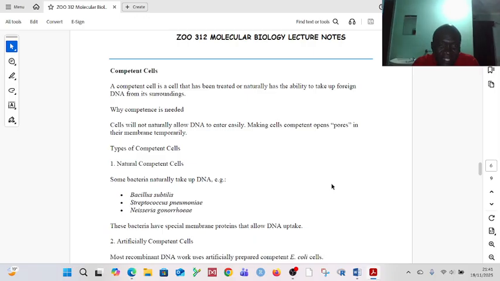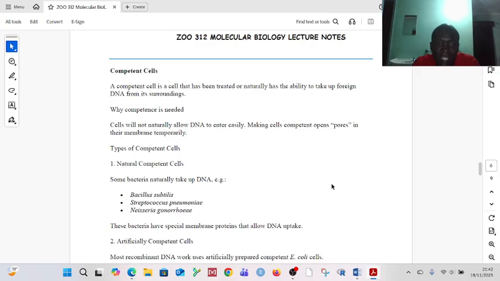That process needs the host cell to be competent. So competence is important because it is through a cell being competent that that cell can be transformed. Then after the cell has been transformed, cloning and expression is possible.